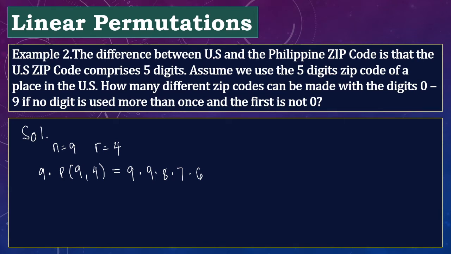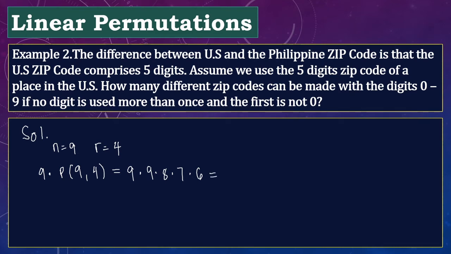Then sa pang-apat, 7 na lang. At sa huling digit natin, sa ating 5-digit zip code, ay 6 na lang yung ating pagpipilian. Now, let's multiply this one to determine the number of different zip codes that can be made with the digits 0 to 9 if no digit is used more than once and the first is not 0.